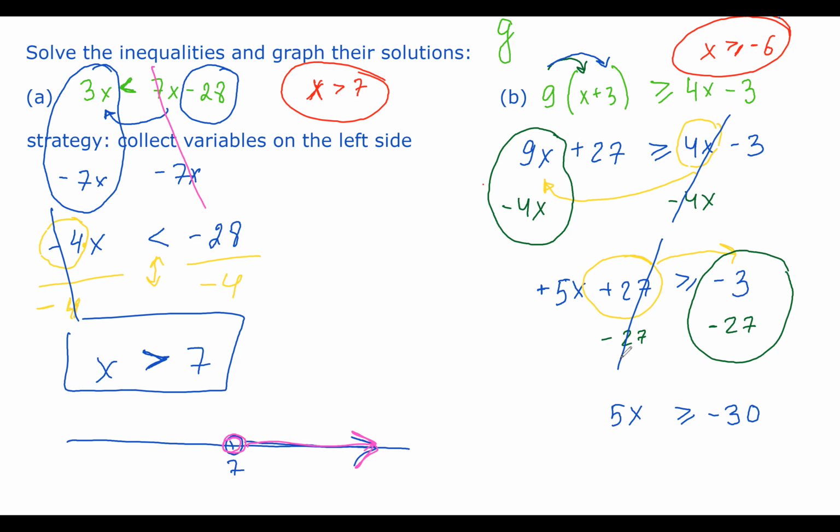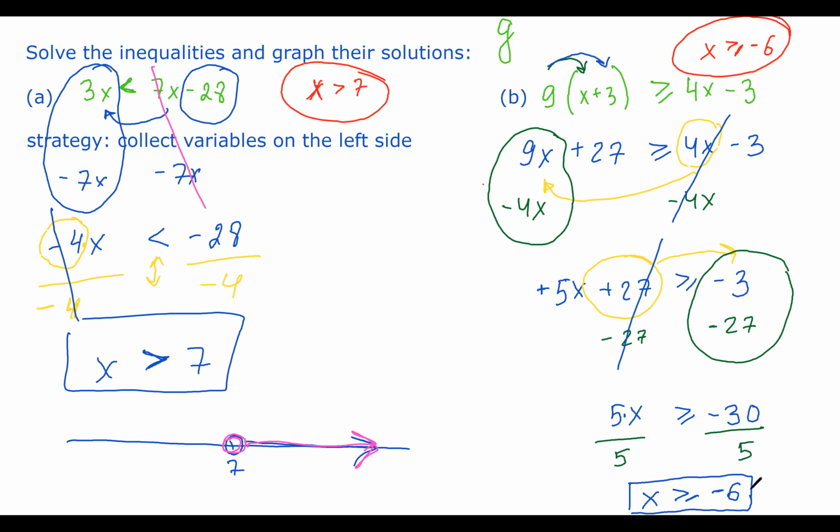Okay, so then the final step here would be to get rid of this multiplication by 5, right? So in this way, I divide both sides by 5, and guess what? It's a positive number. The direction of the inequality will not change. So we will get x is greater than or equal to negative 6. Right, so this will be our answer.